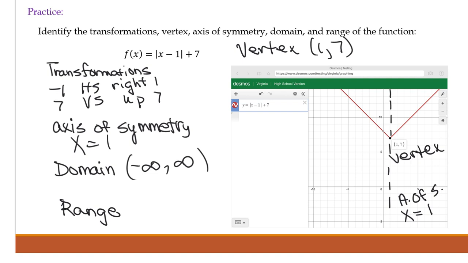Now, the range, since this graph was moved up, normally the range of the parent function is from 0 to infinity. But due to the fact that this graph moved up, you can see that the smallest value of this absolute value function graph is the y value in the vertex, which is 7. Therefore, my range is going to go now from 7 to infinity.